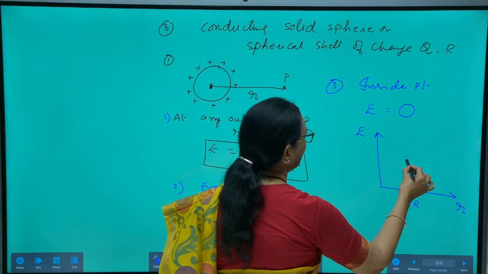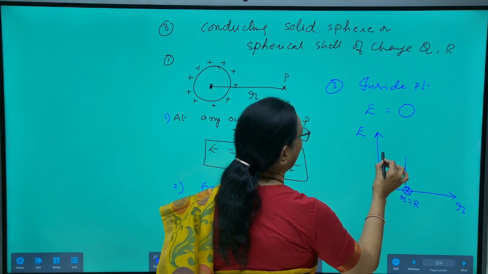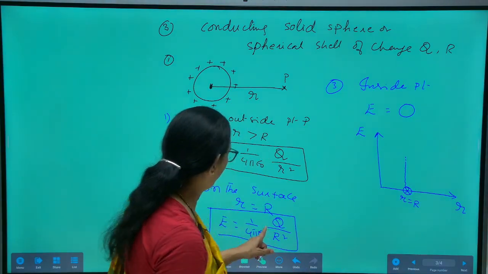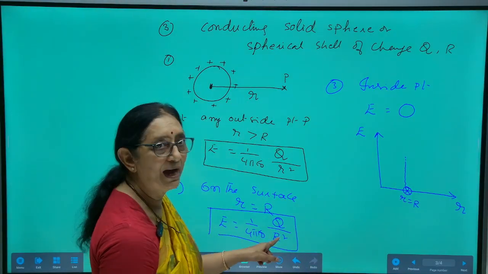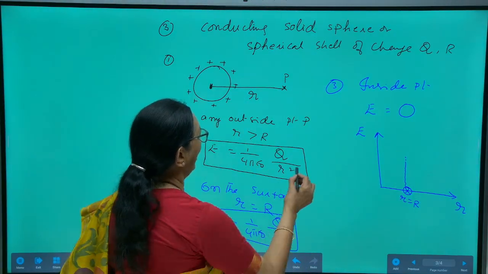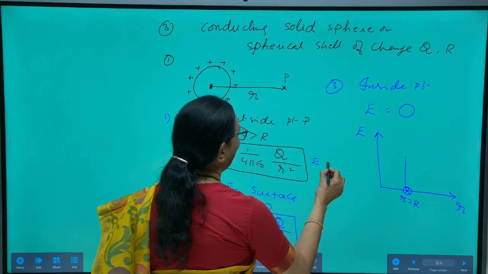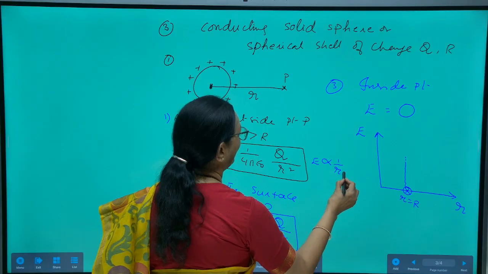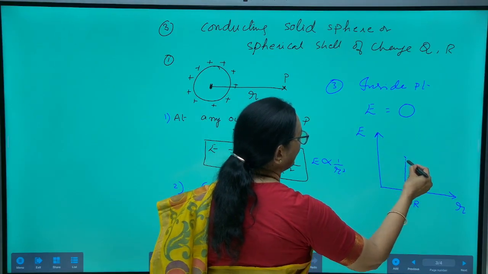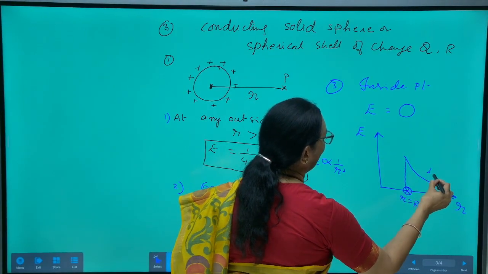So, on the surface, the electric field intensity is 1 by 4 pi epsilon naught Q by R square. At any outside point, E is inversely proportional to r square. So, the graph will be like this.